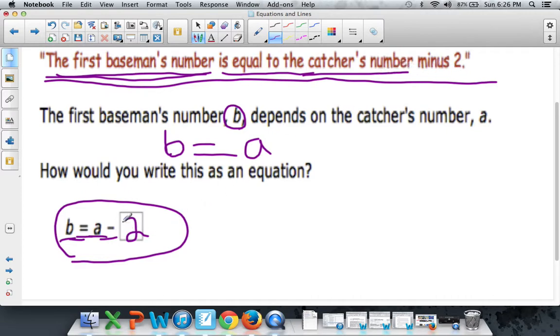Minus 2. No problem. Minus 2. So you can see how this long sentence with all these fancy words can be transformed into this little equation. And all they wanted was what's missing. And in this case, that was that 2.